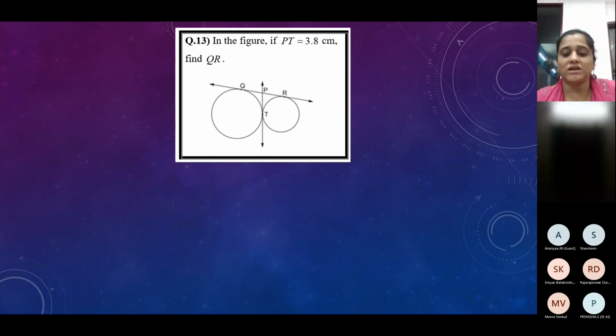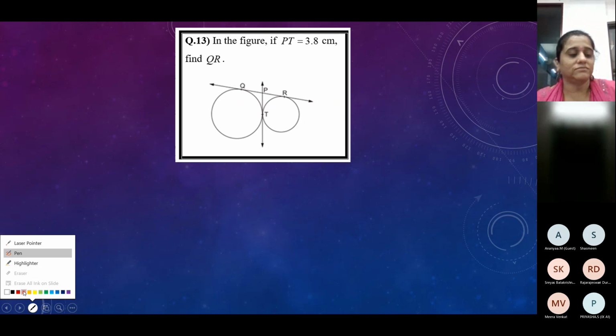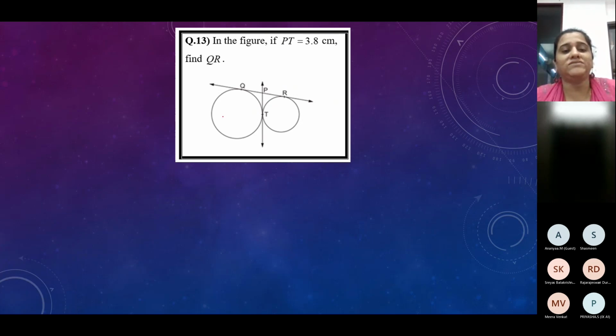Very good. So Kanishka here gave us the correct answer. P is the external point for both the circles.